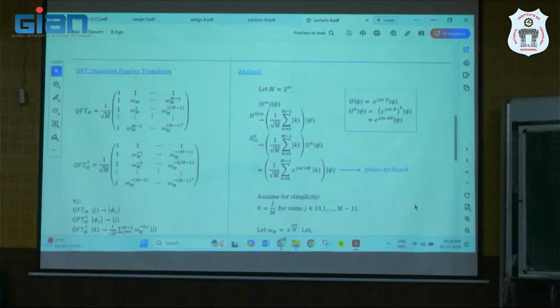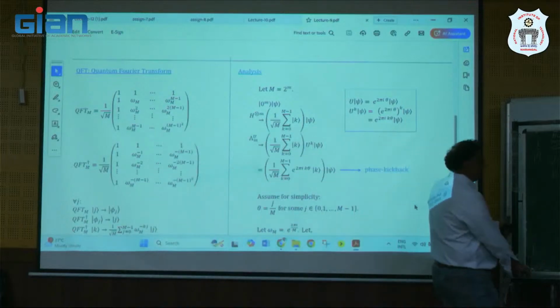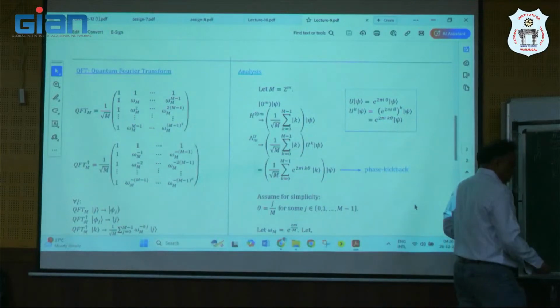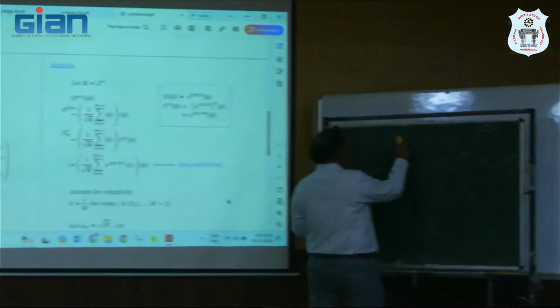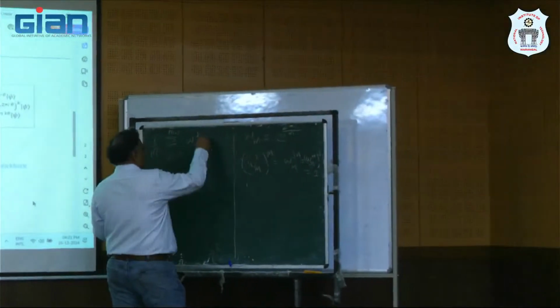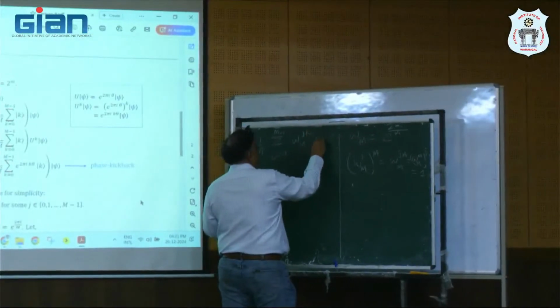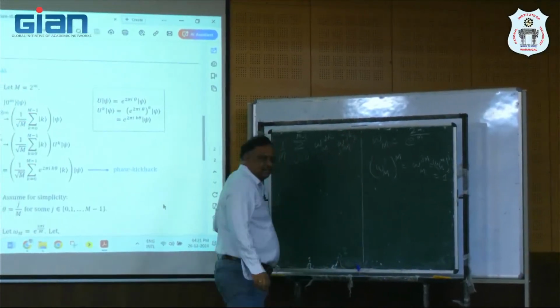So let's say you take two columns. What are you going to take? K1, omega m, minus j k2, agreed?